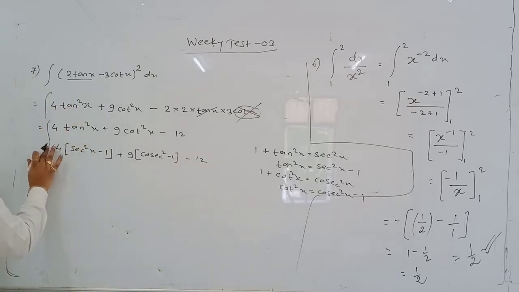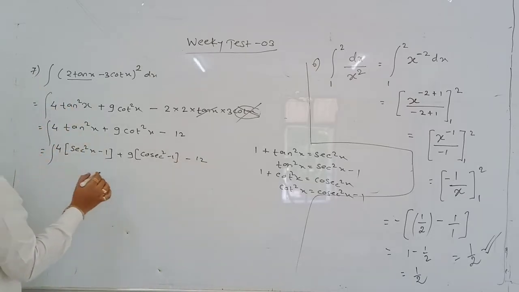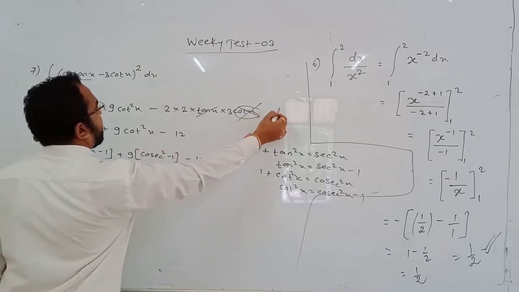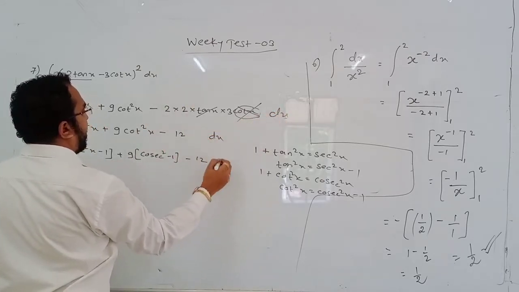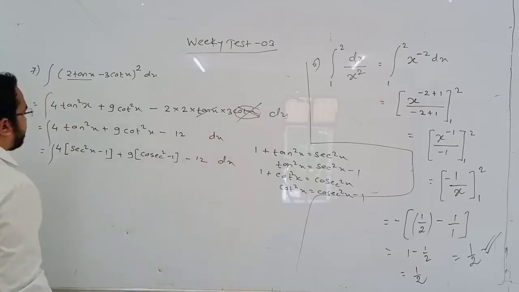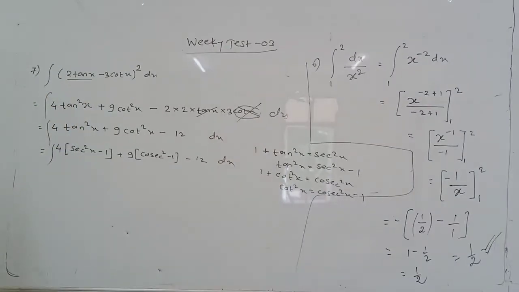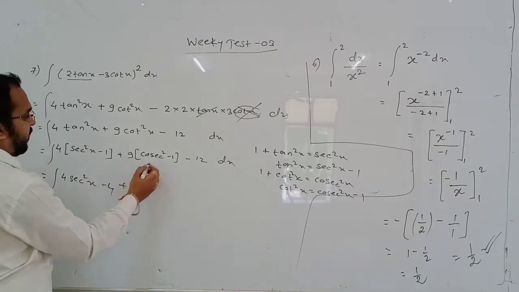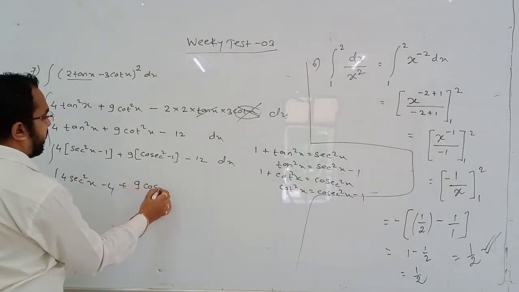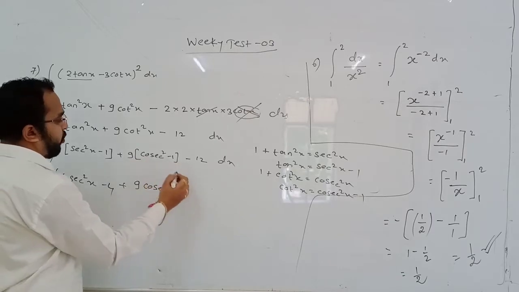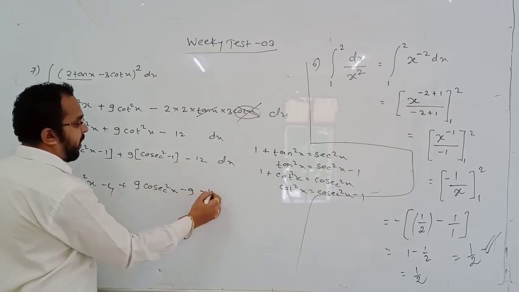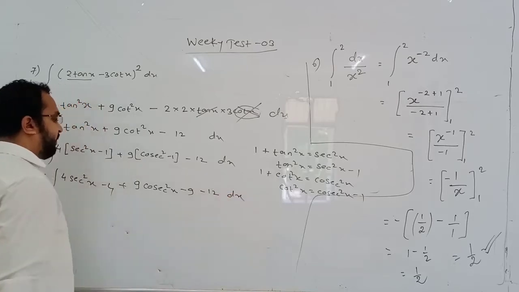Integration dx. Now open everything. It will be 4 sec square x minus 4, plus 9 cosec square x minus 9, minus 12 dx.